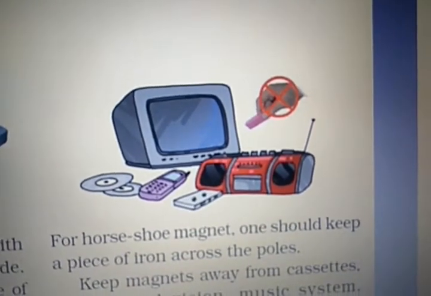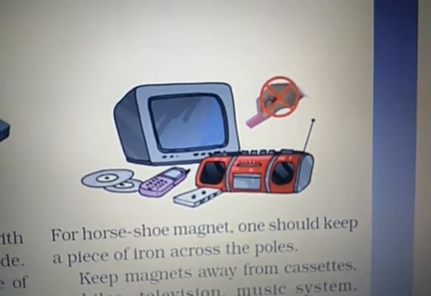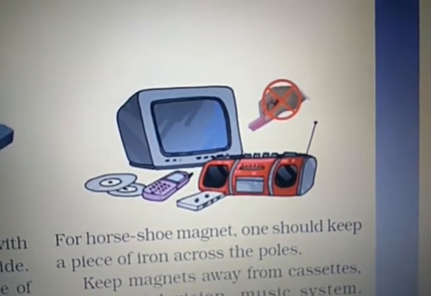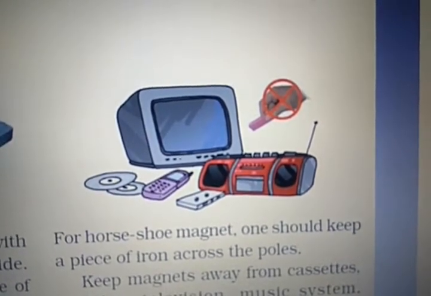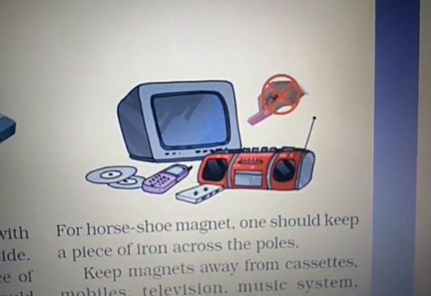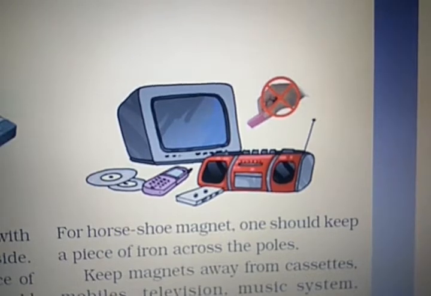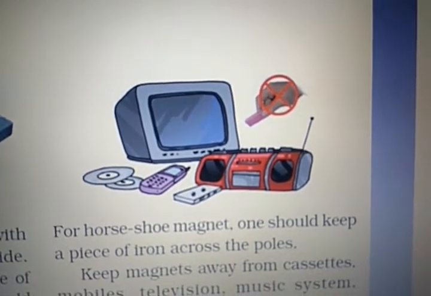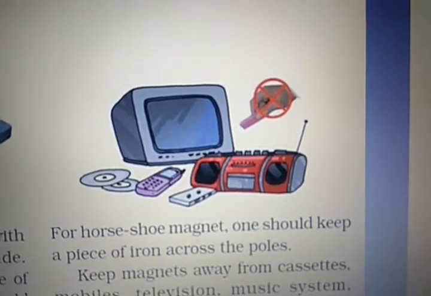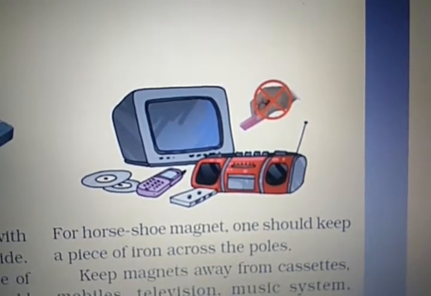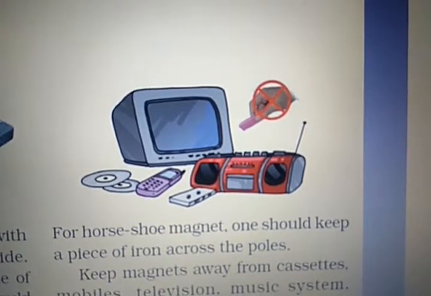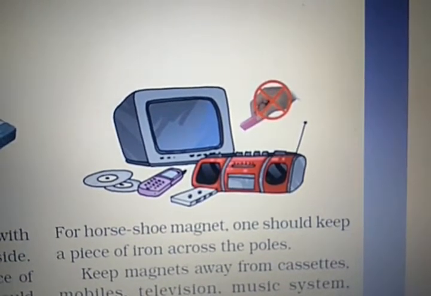Here we have to take many precautions with some devices that we use in our daily life, that is, television, tape recorder, CDs, pen drives. We do not keep a magnet with or bring it near a television, tape recorder, CD or ATM card.